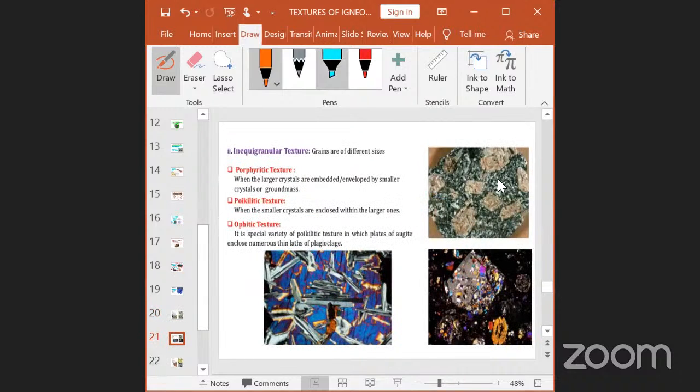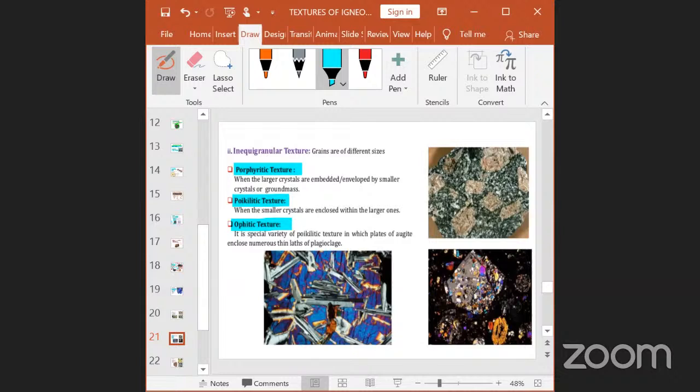And these are the inequigranular, where the grain sizes are different, right? The first one is porphyritic texture, the second is poikilotic texture, and the third is ophitic texture, right?